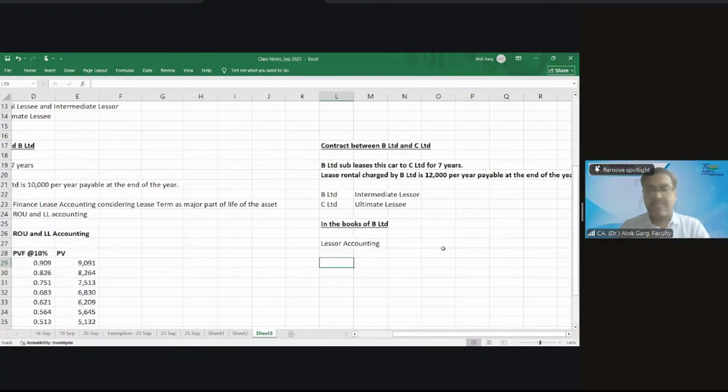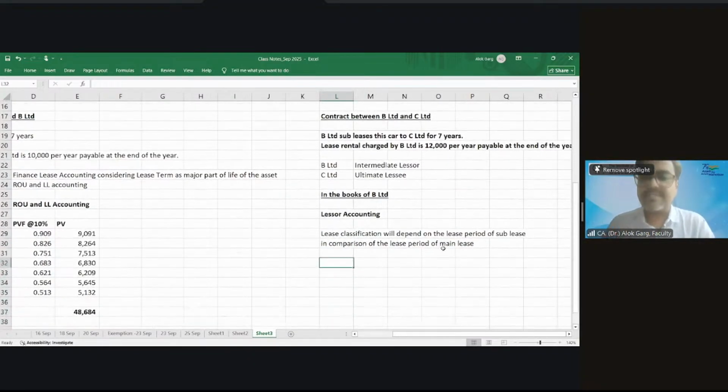And in case of lessor accounting, lease classification will depend on the lease period of the sublease in comparison with the lease period of the main lease.